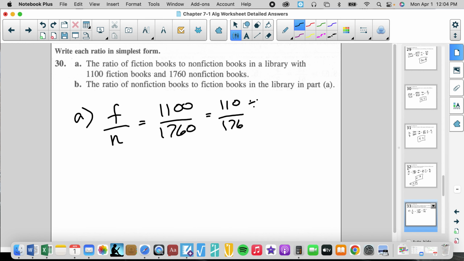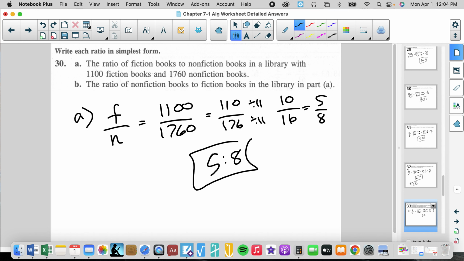No, we're going to divide it by 11. That's going to give us 16, and this is going to give us 10, which is 5/8. So 5 to 8, fiction to nonfiction, ratio of nonfiction to fiction books. Okay, that's not that much more difficult to reverse the two numbers. Not sure why they do that.